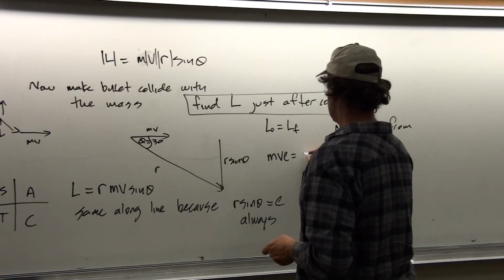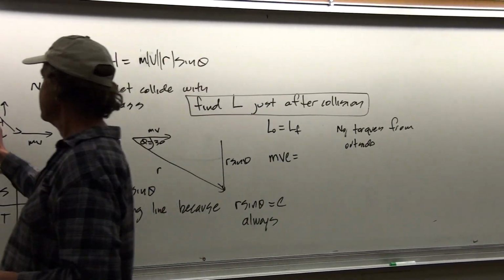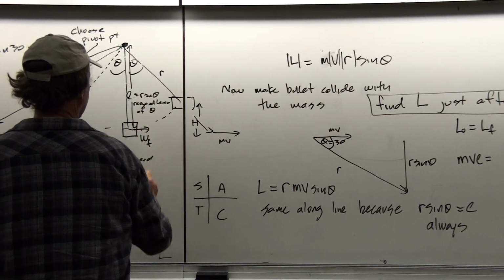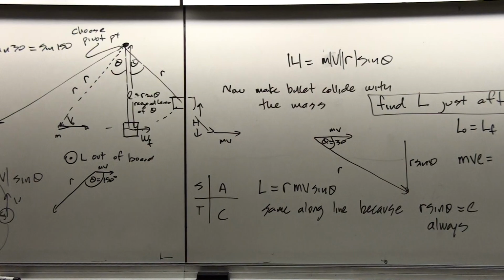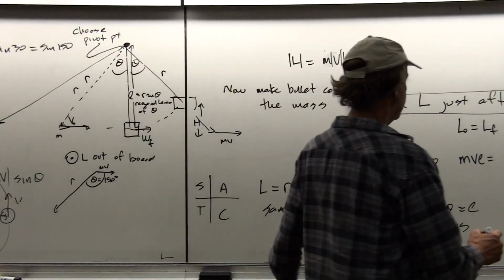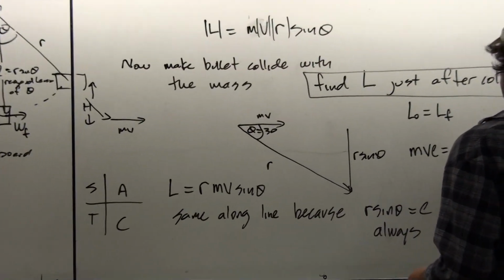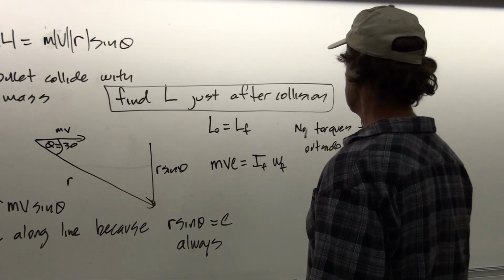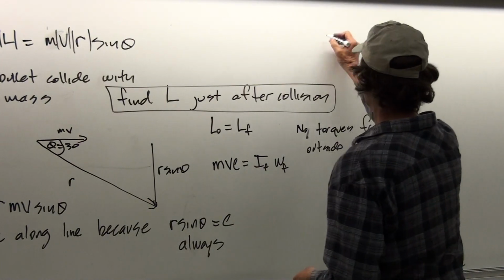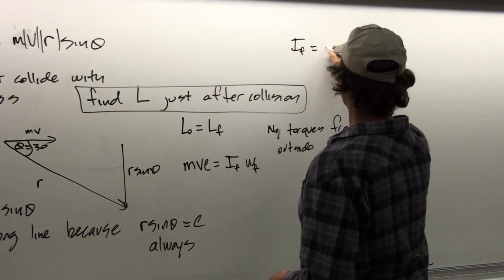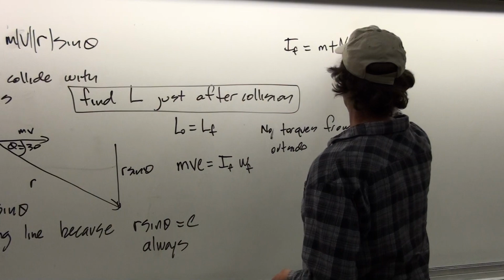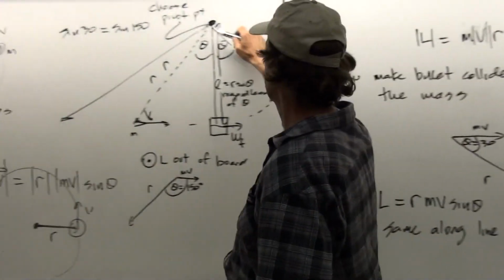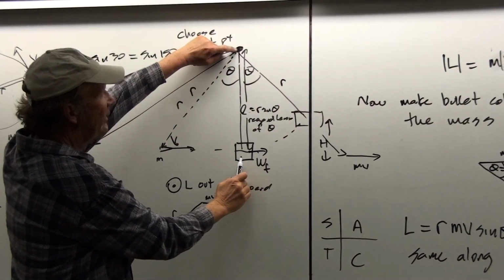Okay, so we could say here then that little mvl equals, and then just after the collision, this is going to have some final angular velocity omega final. So we can write this as I final omega final, where I final is just equal to little m plus big M times L squared, because this is a point mass at a distance L away from the pivot point.